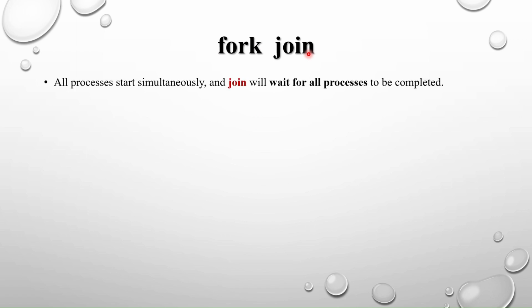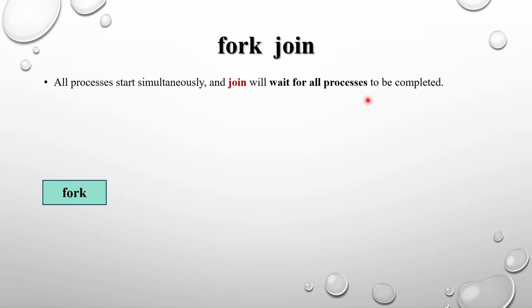Whatever you insert, a single statement or begin end code, will start simultaneously, and join will wait for all the processes to be completed. When all the processes are completed, only then will it come out of the block. Otherwise, it will not come out.